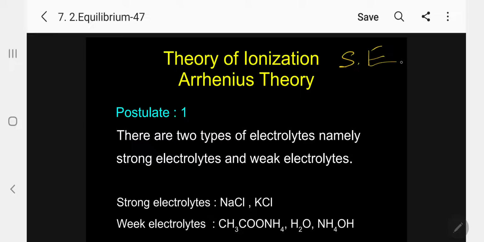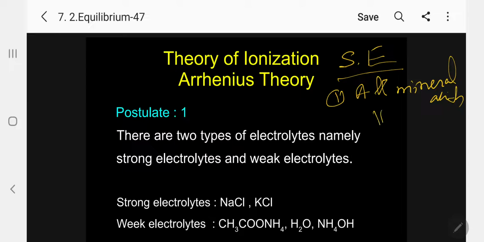Strong electrolytes, I can say one, all mineral acids. What are the mineral acids? HCl, nitric acid, sulfuric acid, phosphoric acid, etc. These all mineral acids are strong.